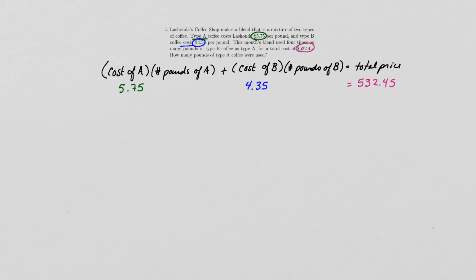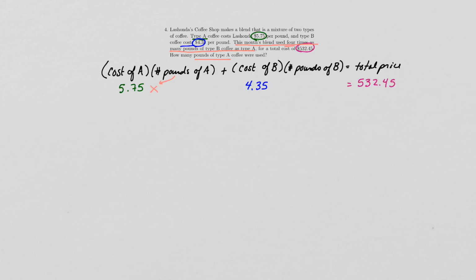Now the only other thing to look at and figure out is this part here. It's kind of a weird reading thing. It says this month's blend used 4 times as many pounds of B as type A. And if you notice, it asks how many pounds of type A were used. So I don't know the number of pounds of type A. Let's call that X.